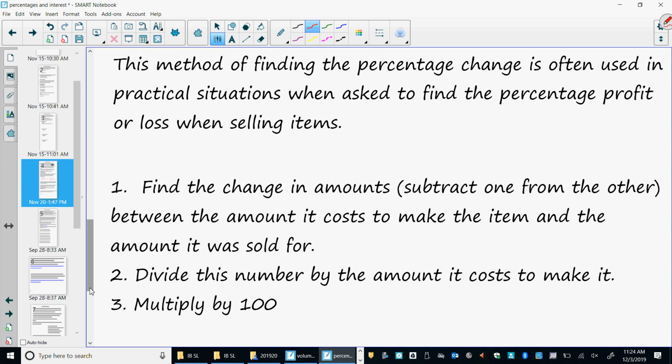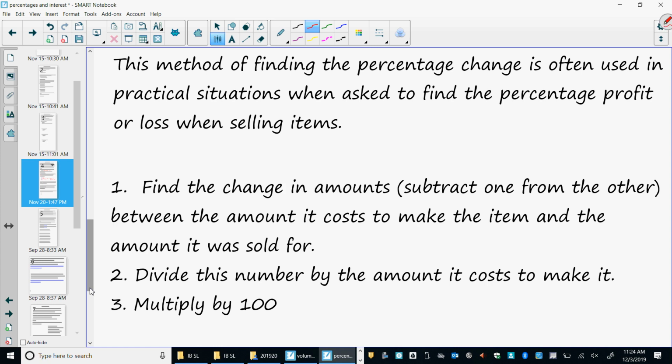The only difference here is that you're always going to be dividing by the amount that it cost you, okay? So if something costs you $20 and you ended up selling it for only $12, it would be a loss, a negative percentage change, and so you would always need to make sure you're dividing by how much it cost you. Okay, so that's the only difference when it comes to profit and loss.